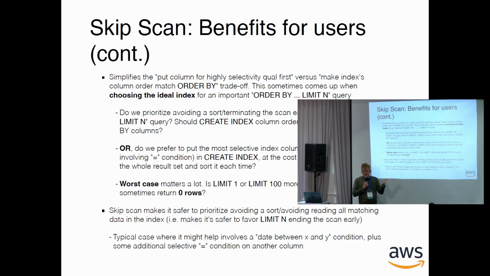So my speculation here is that with skip scan, the risk of that happening, at least in some cases, can be significantly ameliorated, thus favoring the order by strategy more than would have been feasible before. I have to admit that I'm not sure how practically relevant that point is, but it could make a great deal of difference in a scenario such as this. If anyone is aware of cases like this, they should let me know about it.